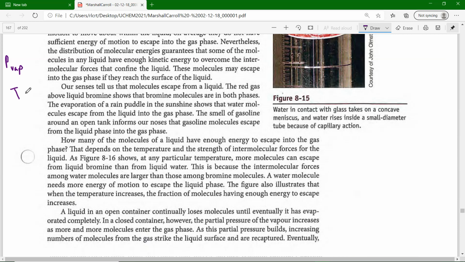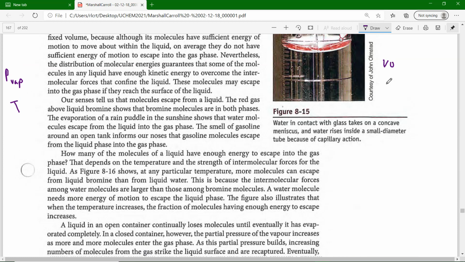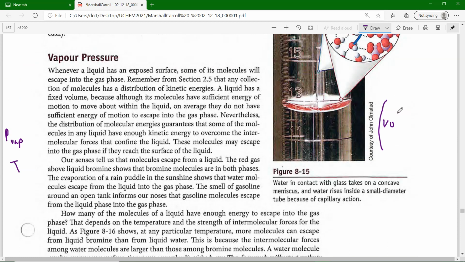And if you have two chemicals at a given temperature, the one with the stronger intermolecular force will have the lower vapor pressure. The one with the weaker intermolecular force will have a greater vapor pressure. We say the weaker molecular force ones are volatile. Okay, they have a greater vapor pressure at a given temperature.